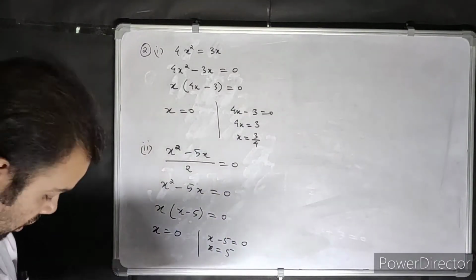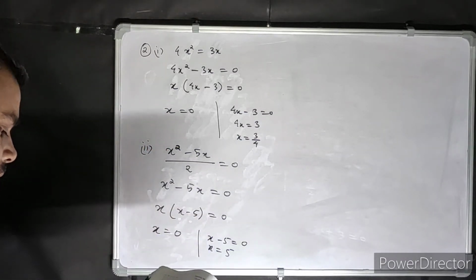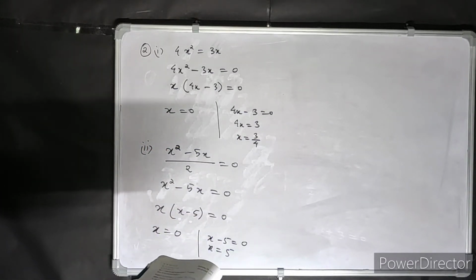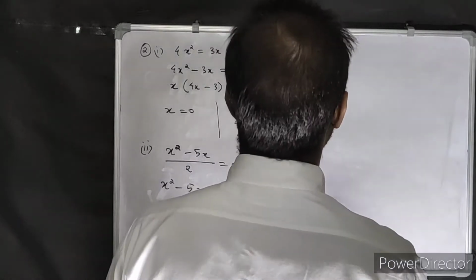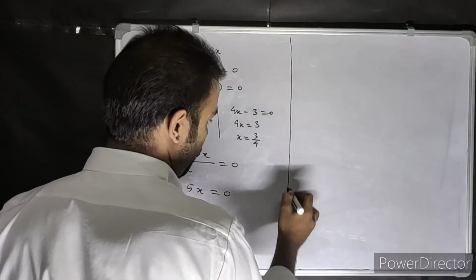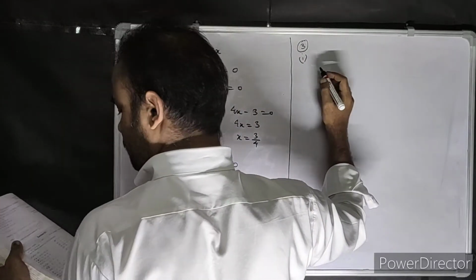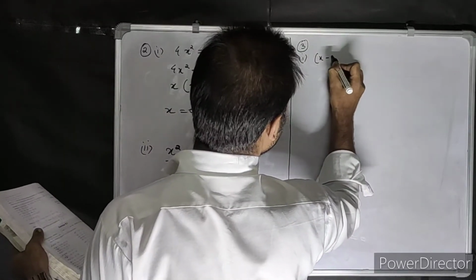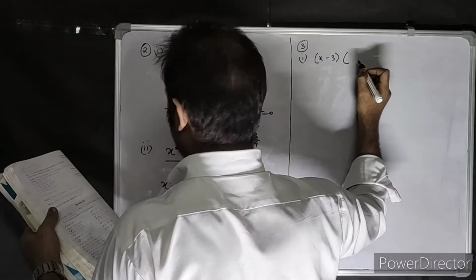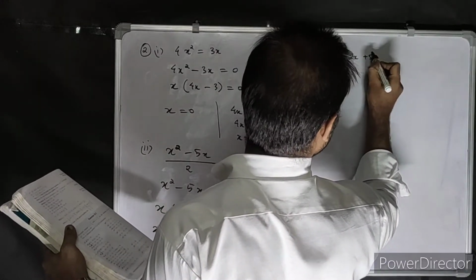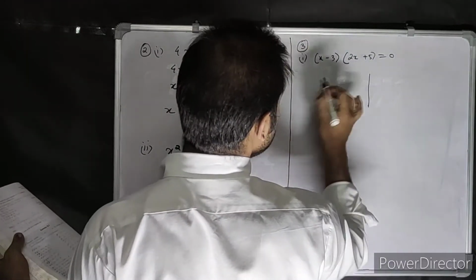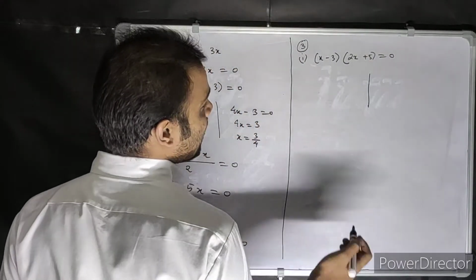So let's do the next question. Question number 3 part 1. That is x minus 3 and 2x plus 5 is equal to 0. So you see, both of them can be 0.